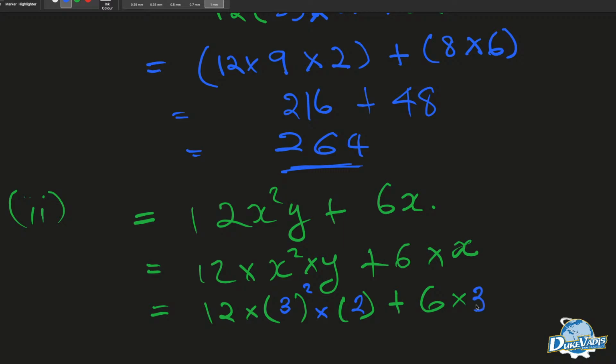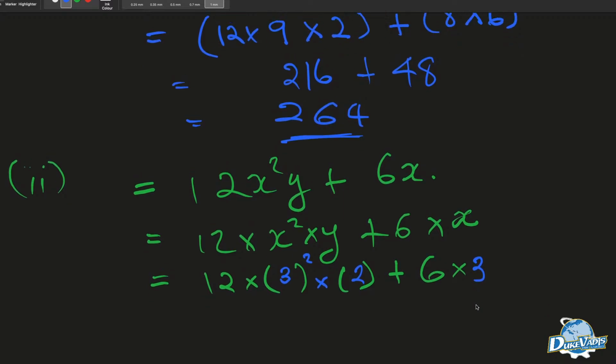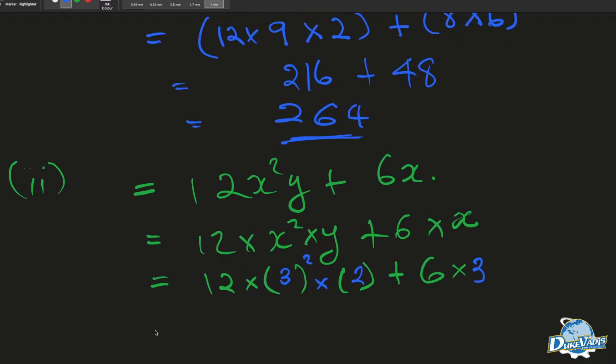Okay, if that is the case, let's see. We have our first value. We are going to get 12 times 9 times 2 in brackets, plus 6 times 3, which is 18. Okay, so now we're going to multiply 12 times 9 times 2. You can do the calculation for us to check it together.